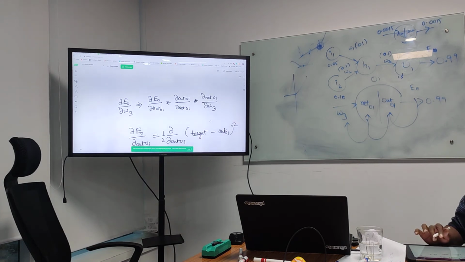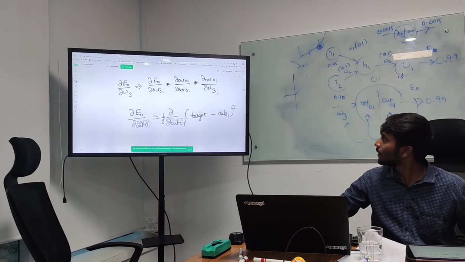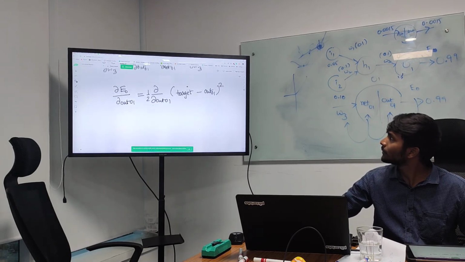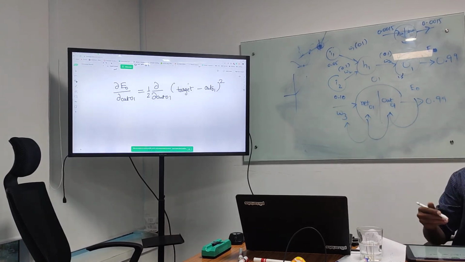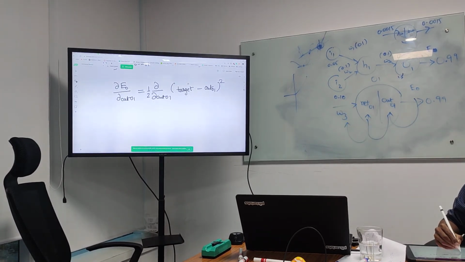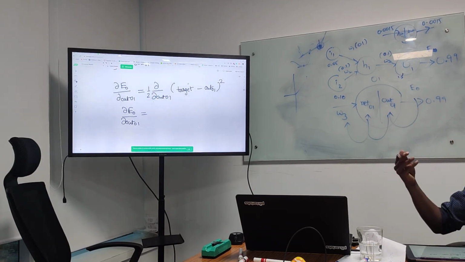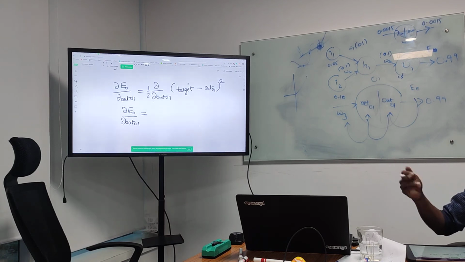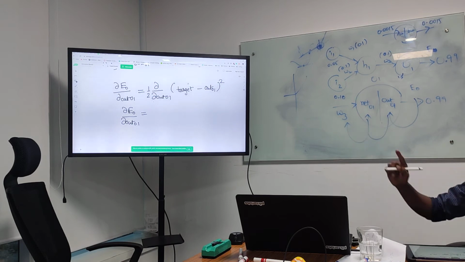You guys got till here, right? Let's go a little bit up. So dou E naught by dou out O1 equals half of this. If I solve this, d by dx of x square is 2 into x power 1. So that 2 gets cancelled with the 2 outside.